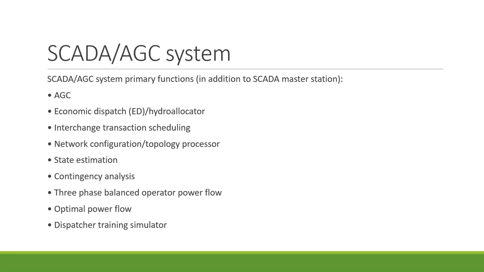These are the big terms, basically network configuration. State estimation, you know about this. Contingency analysis, n-1 contingency, n-2 contingency, all you know. Three-phase balanced operator power flow, optimal power flow, you know optimal power flow, dispatcher training simulator. So that is going to be included if your master station is a SCADA or AGC system. Okay, so functions are going to change according to that.